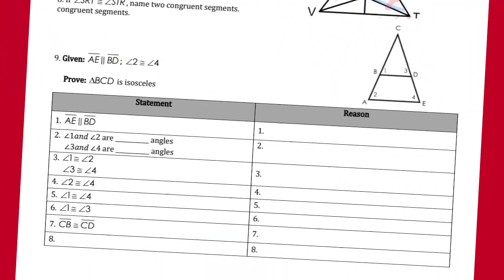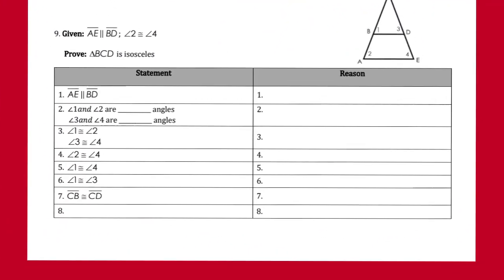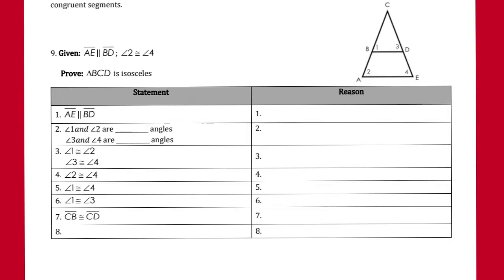And then we've got just a proof. So let's look at this proof. In this proof, we're trying to show that triangle BCD is isosceles. The rest of this proof is going to be about saying, I know that angles 2 and 4 are congruent. So let's mark those on our diagram.